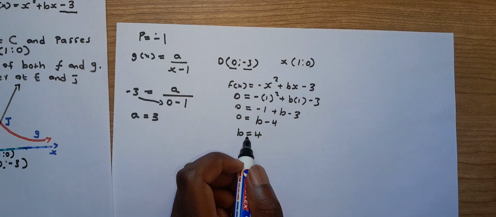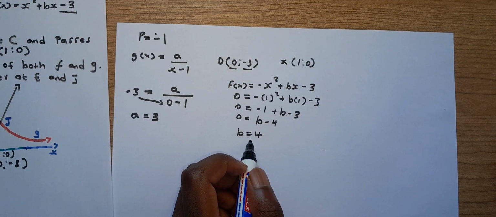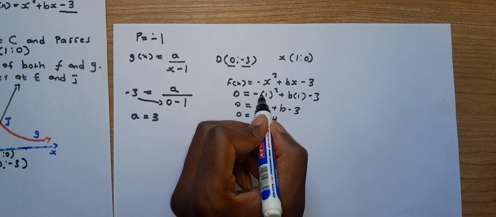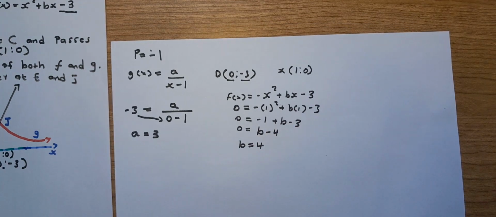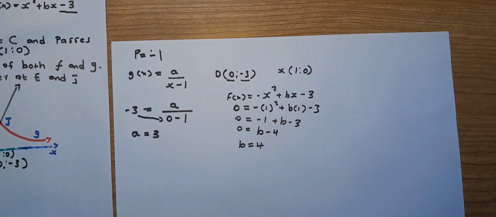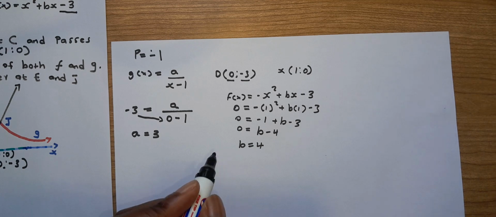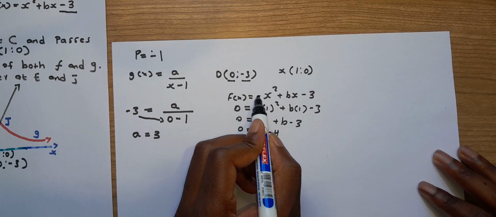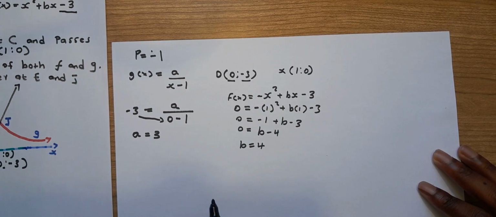Okay, let's do this thing all over again, because this is negative. I understand that if we have 1 minus 3, we're going to get -2. No, this is correct, because this is negative x squared, right?